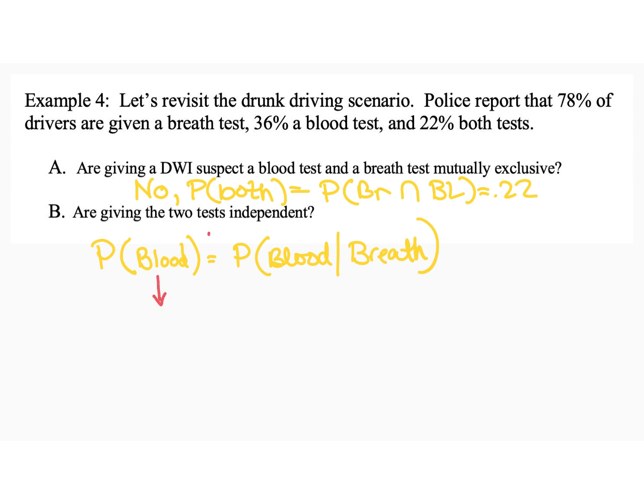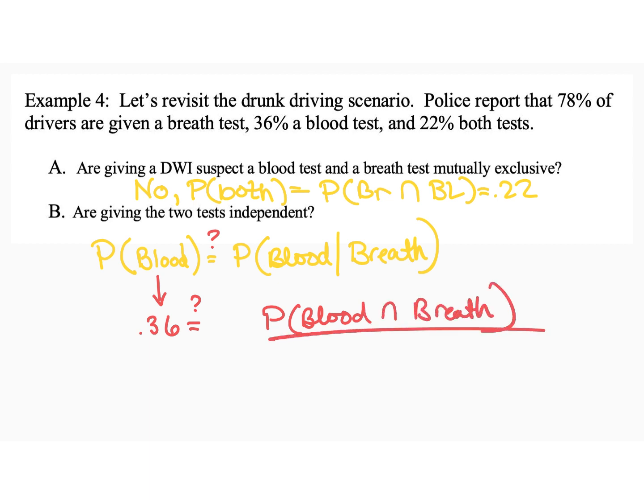So the probability of a blood test is equal to 36%, so 0.36. I'm checking, is that equal to the probability of blood intersected with the breath test, those that did both, given that you've already had a breath test?